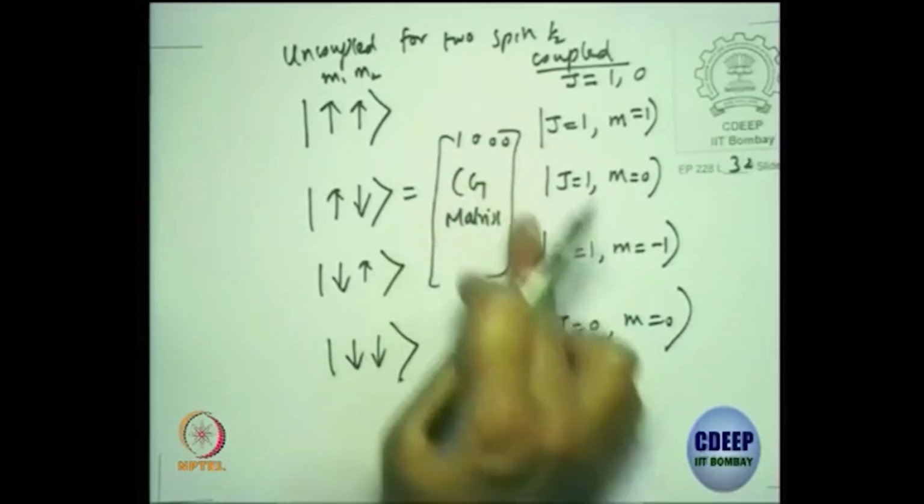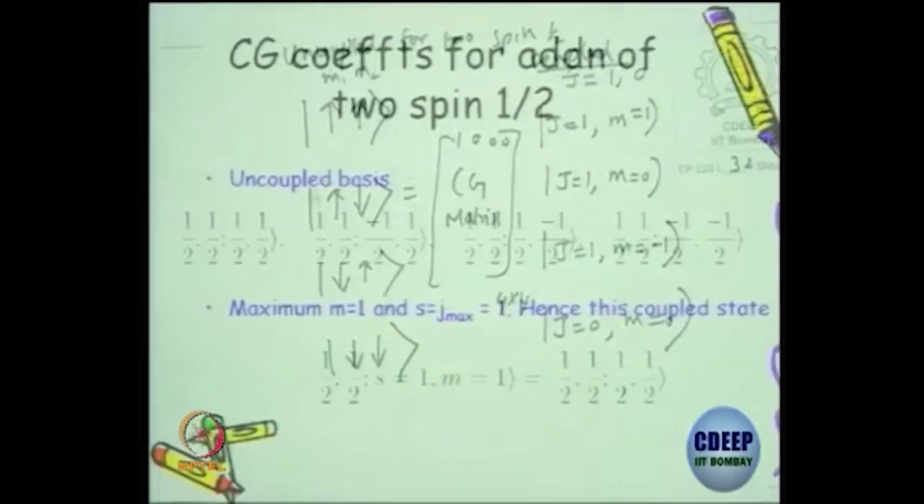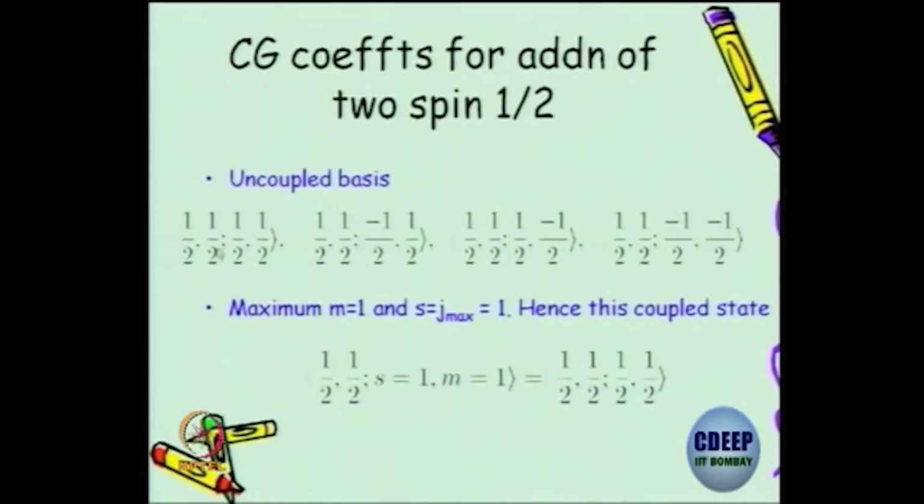Now we need to work out the other 3 rows. Here, for explicit things, I have written the half, M1 and M2, the quantum numbers, rather than putting the arrows, but you understand. So these are the 4 states, and the maximum state, which we call a stretch state, M equal to 1 and S equal to 1, is going to be exactly this. So that gives you the first row, which is 1, 0, 0.